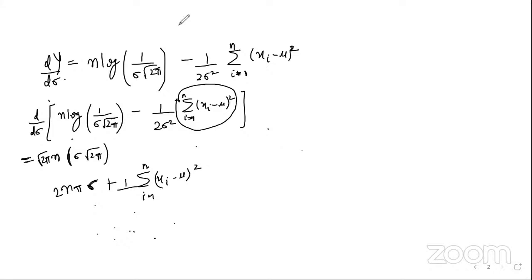So it comes out to be 1 upon sigma cube. 2 will cancel out, I think. Yes, ma'am. I think we are getting the right answer. Derivative is correct.